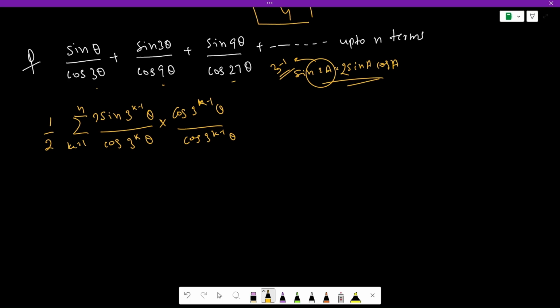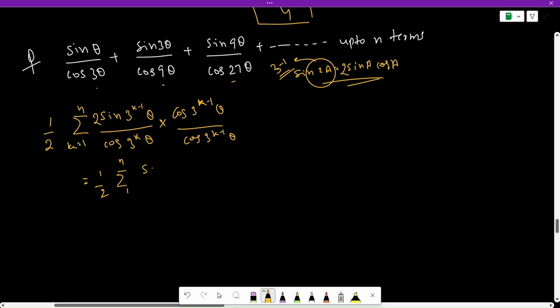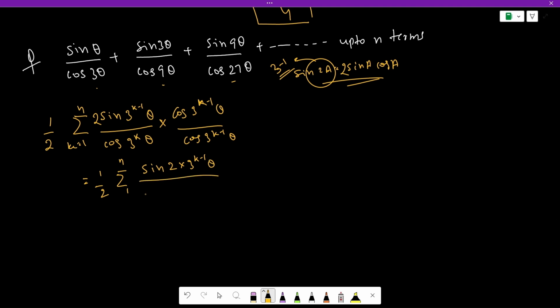So this becomes 1 by 2 summation 1 to n, and this will be sine 2 into 3 to the power k minus 1 theta by cos 3 to the power k theta and cos 3 to the power k minus 1 theta. Now again, what we need in the numerator is a difference of these terms, which we can now easily make.